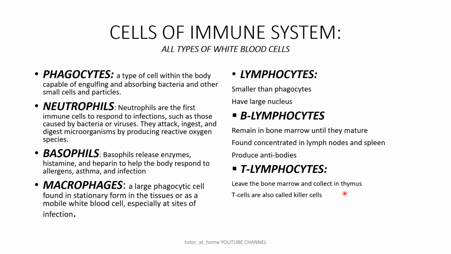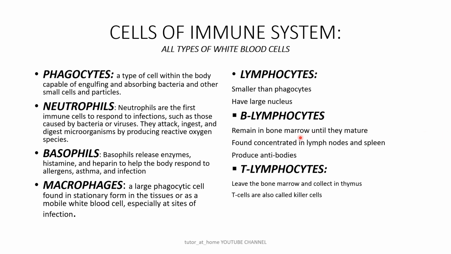The thymus is an organ that is present just in the throat. T cells are also called the killer cells, whereas B lymphocytes are referred to as the producers of antibodies.